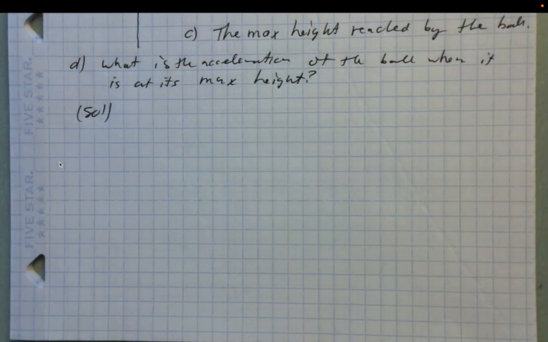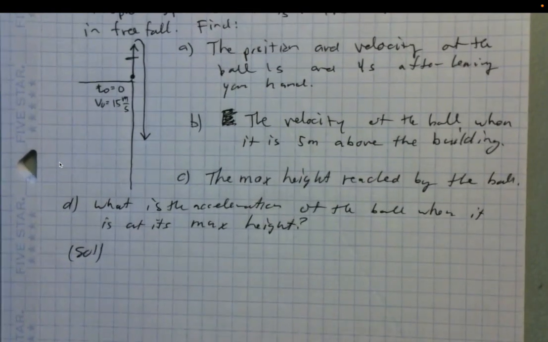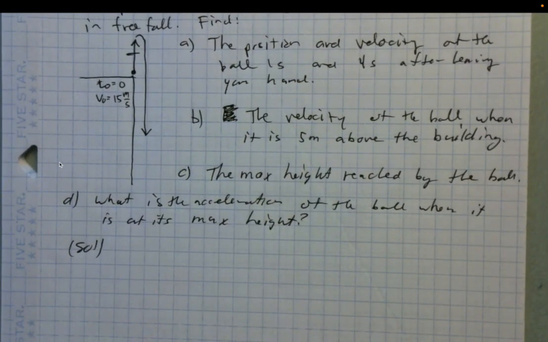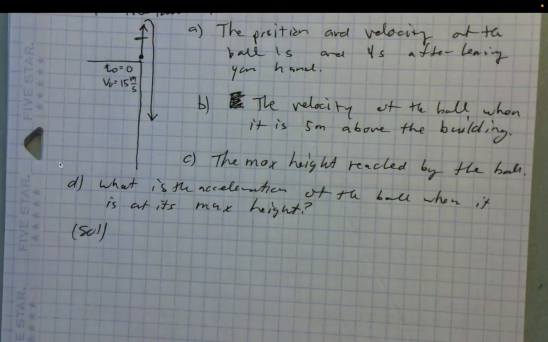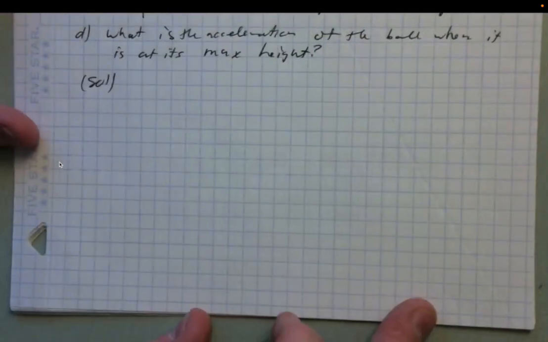Okay, so for part A, remember we're interested in the position and velocity of the ball at certain times. So there are two kinematics equations we could use.